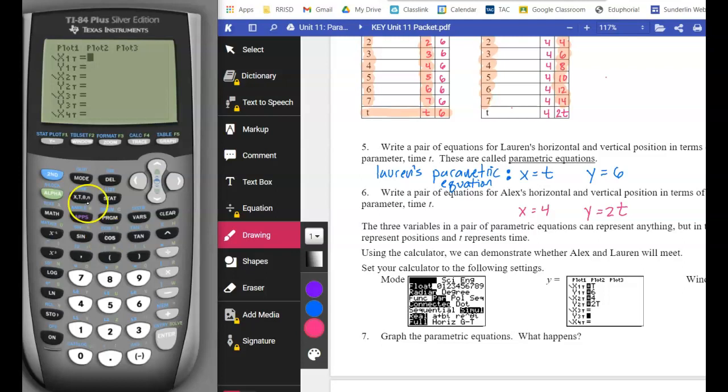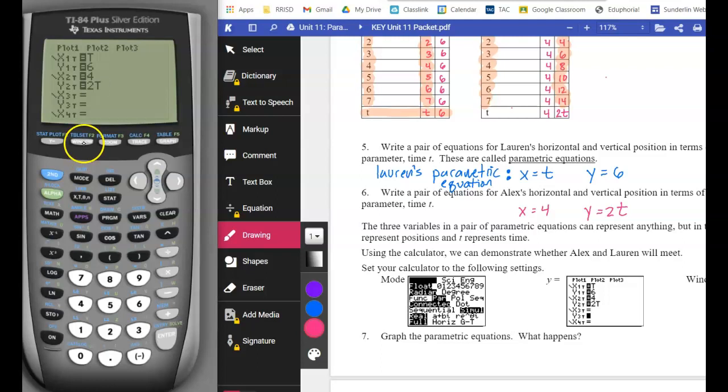We have x equals t, y equals 6. Our second set of parametrics has x equal 4 and y equals 2t. Because we're in parametrics, whenever you hit the variable button, it will automatically input t.